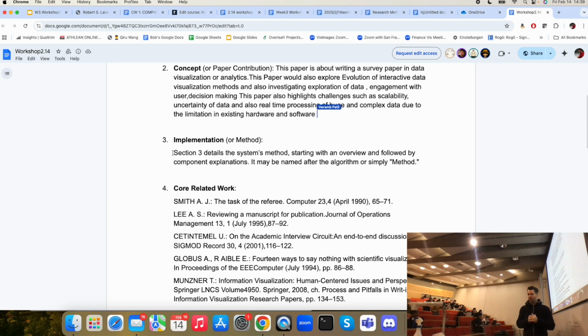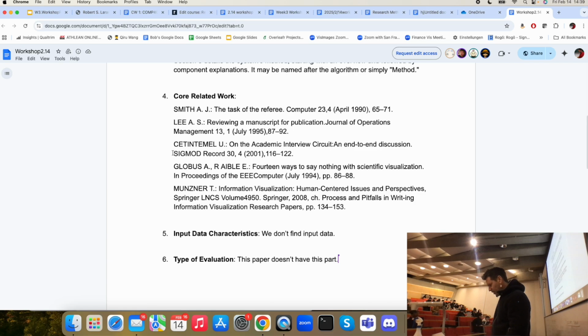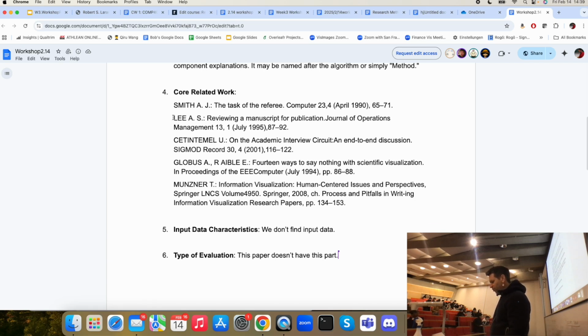That's how we would describe that. The core related work. So you want to try to get your core related work down to just 1 or 2 papers. You don't want to just include all the related work. Probably the most core related work would be these 2. How to review a paper, these 2.